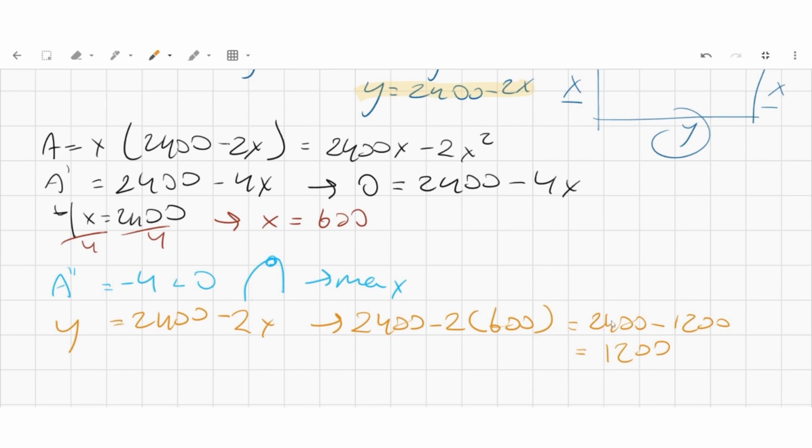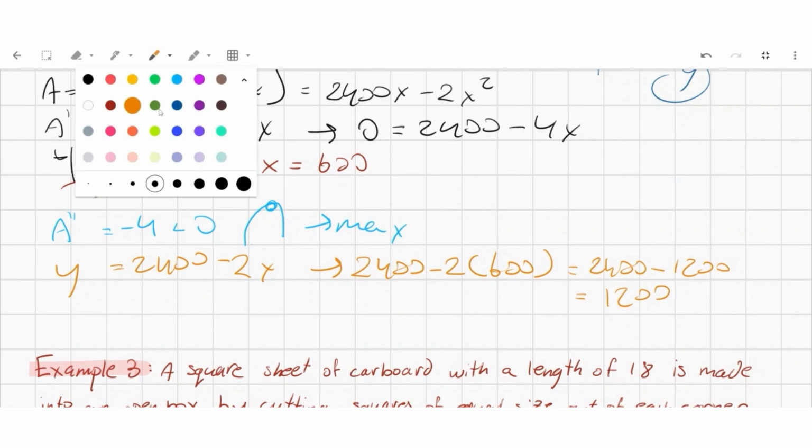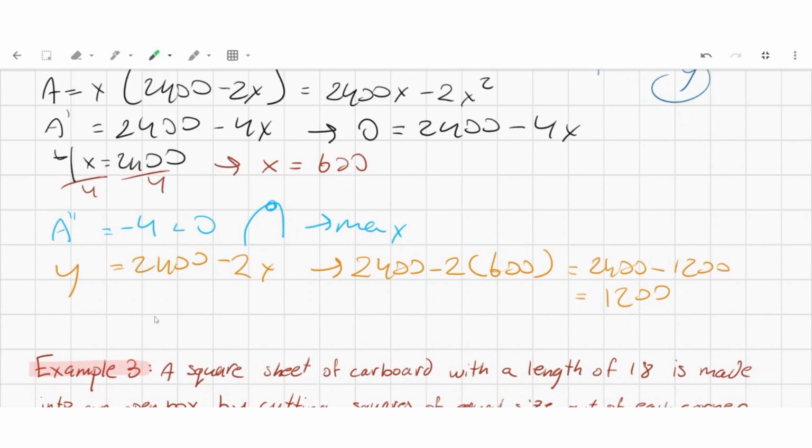Now we have found x and y, and the final answer is going to be the maximum fencing dimension is 600 multiplied by 1,200 feet.